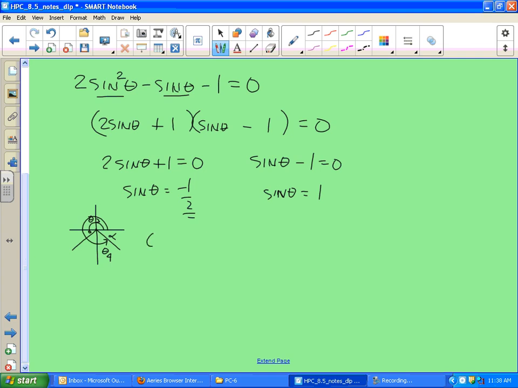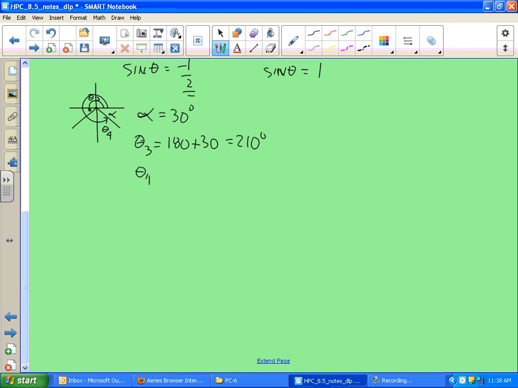And so that would mean that if our reference angle was a 30, then in quadrant 3, theta 3 would be 180 plus 30, or 210 degrees. And quadrant 4's angle would be 360 minus 30, or 330 degrees. So there are two of our answers.